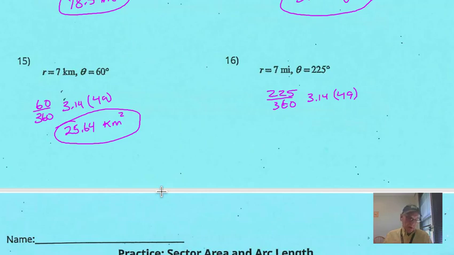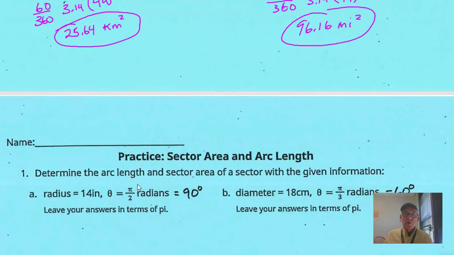So let's do that. 225 times 3.14 times 49 divided by 360 is 96.16. And we're talking about miles, so square miles. Okay, so there we have those. Let's see what's up on the next page.